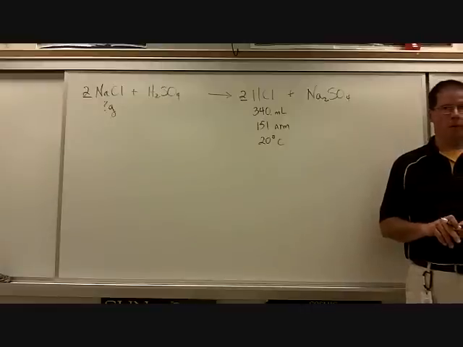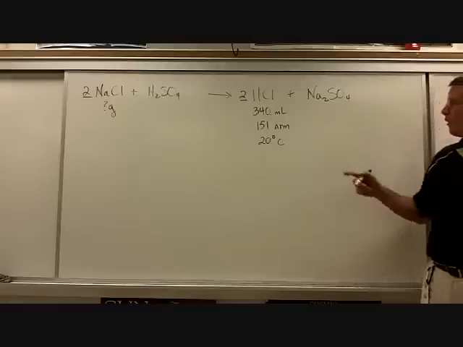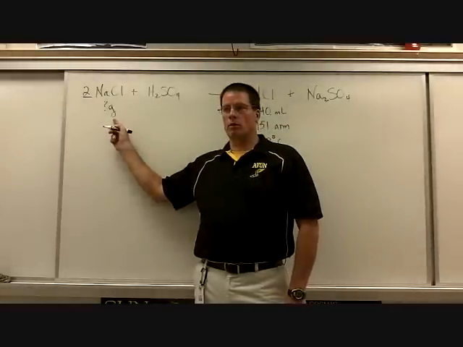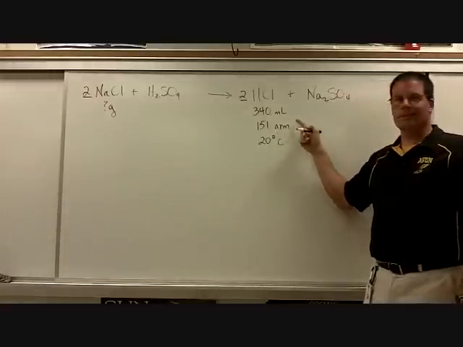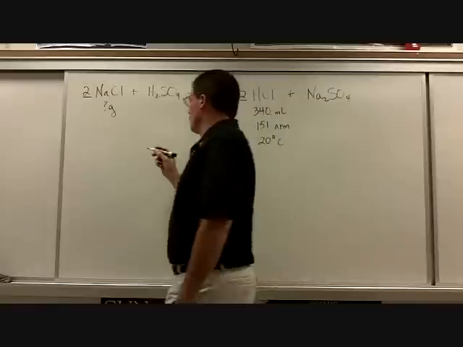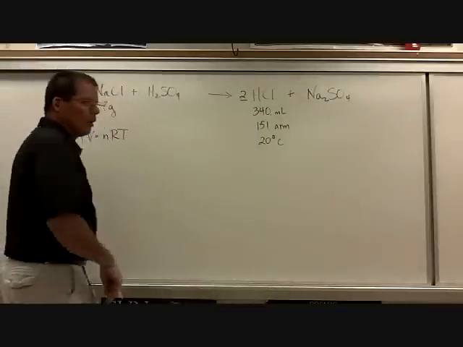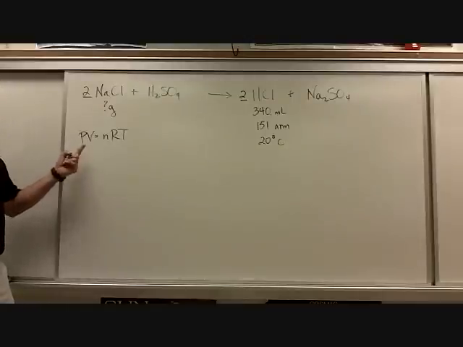So step 1, write a balanced equation. Step 2, we need to change what's given into moles. Very good. So do we have enough information here to convert that to moles? No. That's what the question's asking. But here, we're ready. So we get to use PV equals nRT to find out how many moles. So whenever you have a gas problem and it's stoichiometry, I guarantee you're always going to be looking for moles.